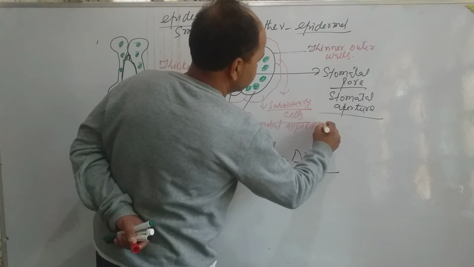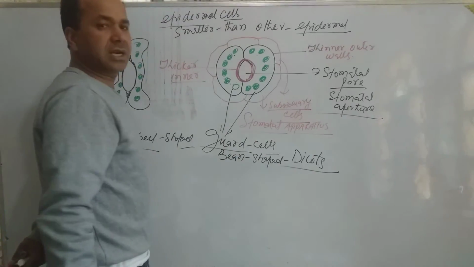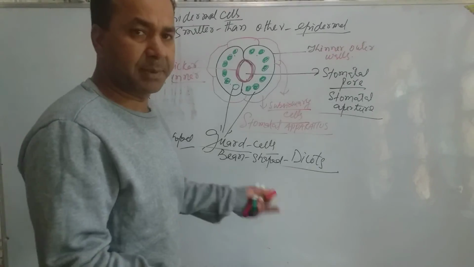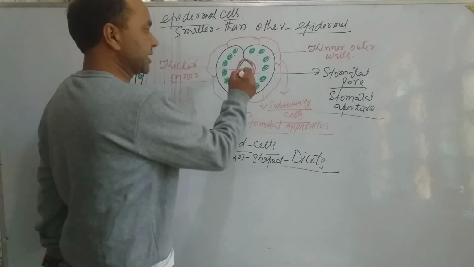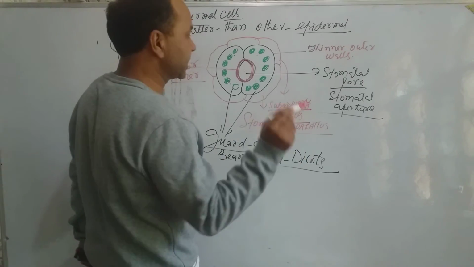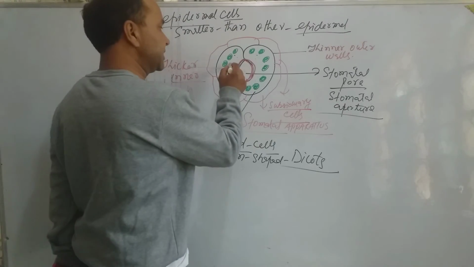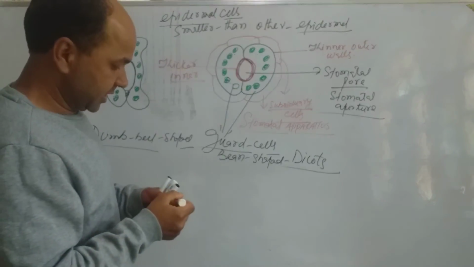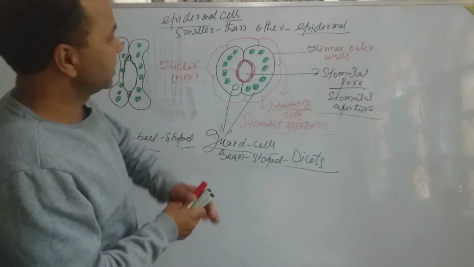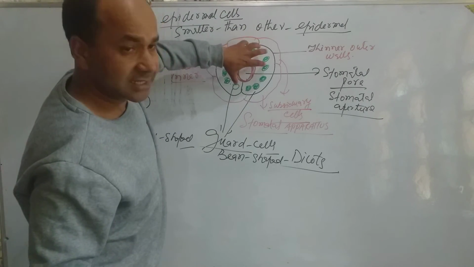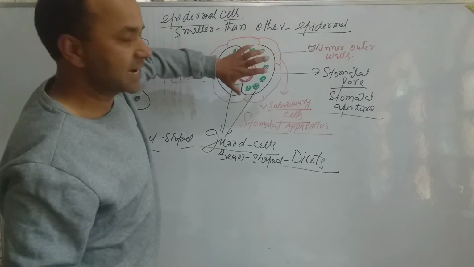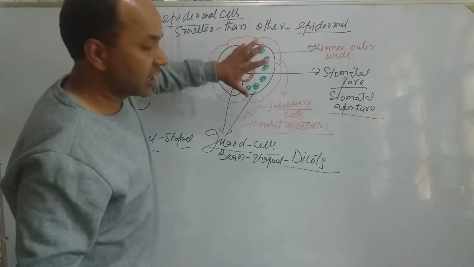Now you can answer a question: what does stomatal apparatus mean? Stomatal apparatus means the apparatus associated with the stomata. It consists of a microscopic stomatal pore, the stomatal aperture, surrounded by two guard cells, which in turn are surrounded by the subsidiary cells. All these cells, the guard cells, the subsidiary cells, and all other associated cells, are epidermal in nature.